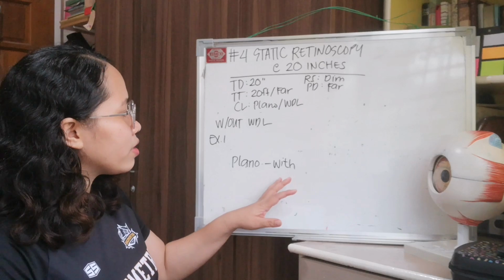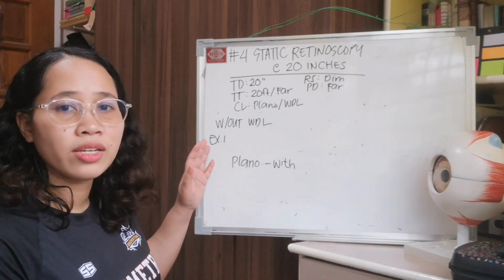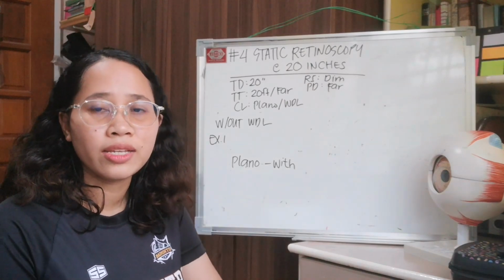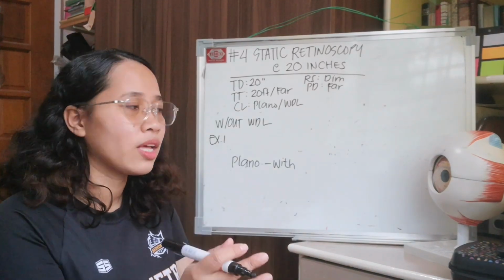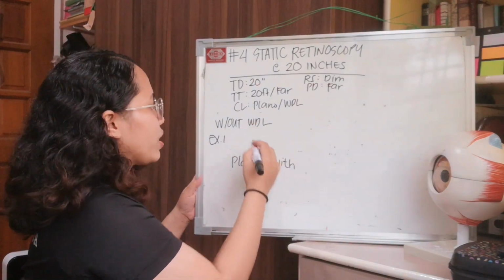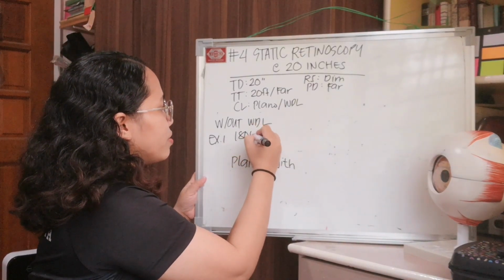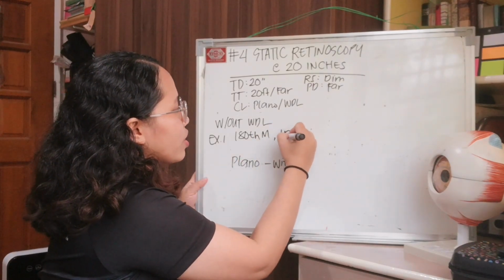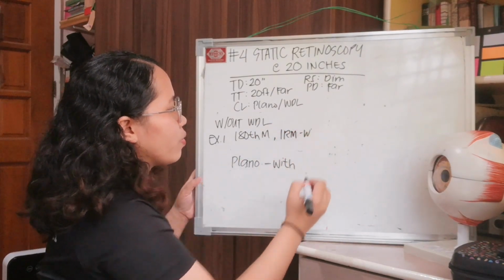So with movement, going back to our example number 1, at plano, the movement is with in the 90th and the 180th meridian. So let's just make it as a 180th meridian. The IRM, or the initial reflex movement, is with.